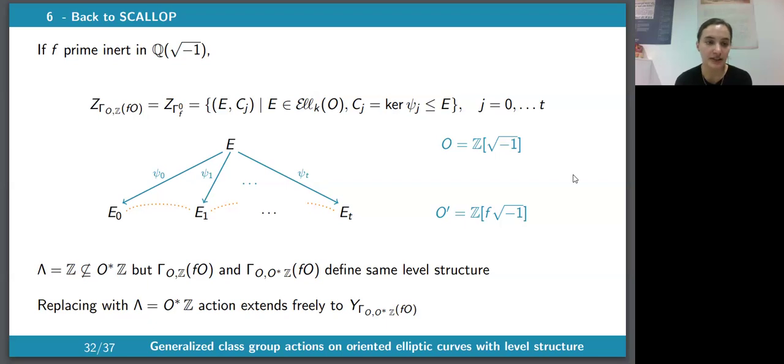The condition for this was that lambda was contained in O star Z, where O star in this case is not just plus or minus 1, because in Z square root of minus 1, we also have square root of minus 1 and minus square root of minus 1 as units. But we observed that the gamma level structure defined by taking lambda to be Z or taking lambda to be O star Z is really the same. So up to replacing lambda with O star Z, then the action does indeed extend freely to Y gamma.